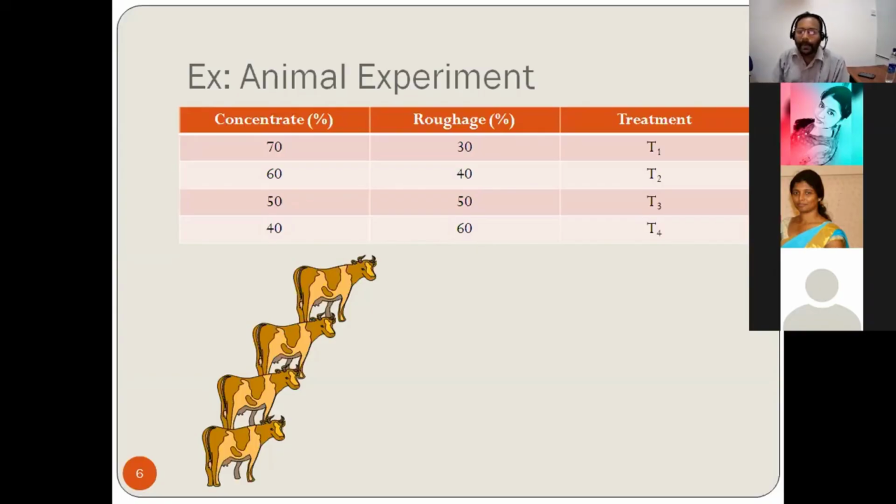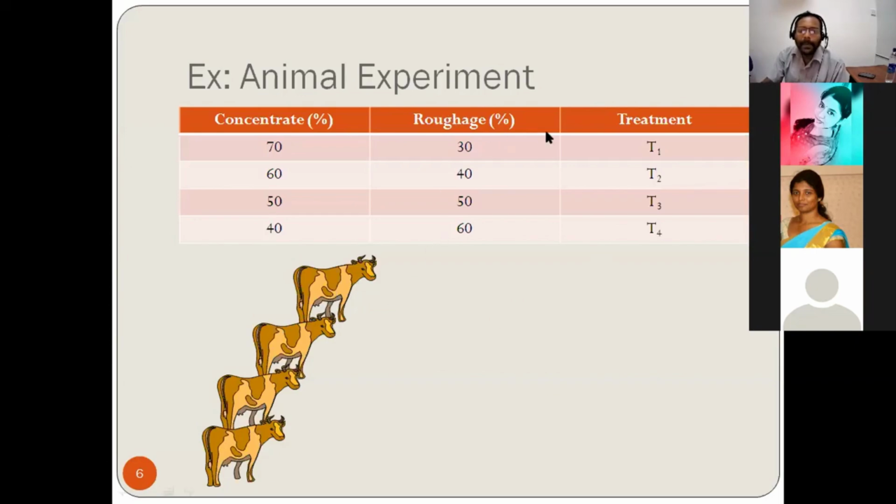Therefore, we cannot use only a single cow for all these treatments. The best thing is to use at least one cow per treatment. That's understandable. Okay.